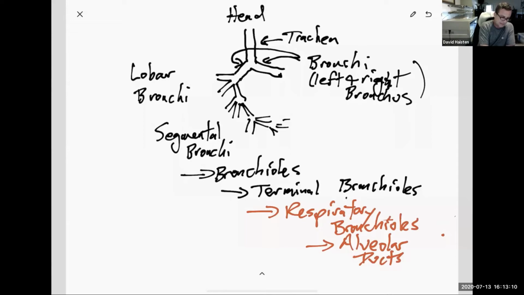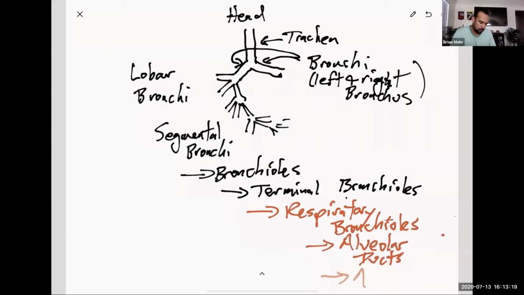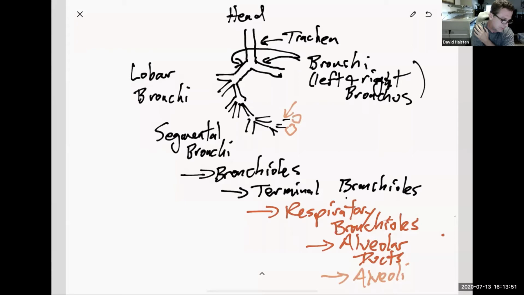And then finally, alveoli. Alveoli are sacs where gas exchange happens. They're these sacs. So that's why I said your lungs look like a grapevine turned upside down with no leaves. Oh, here at the end, we would have alveolar ducts, and then there's alveoli, all these sacs.